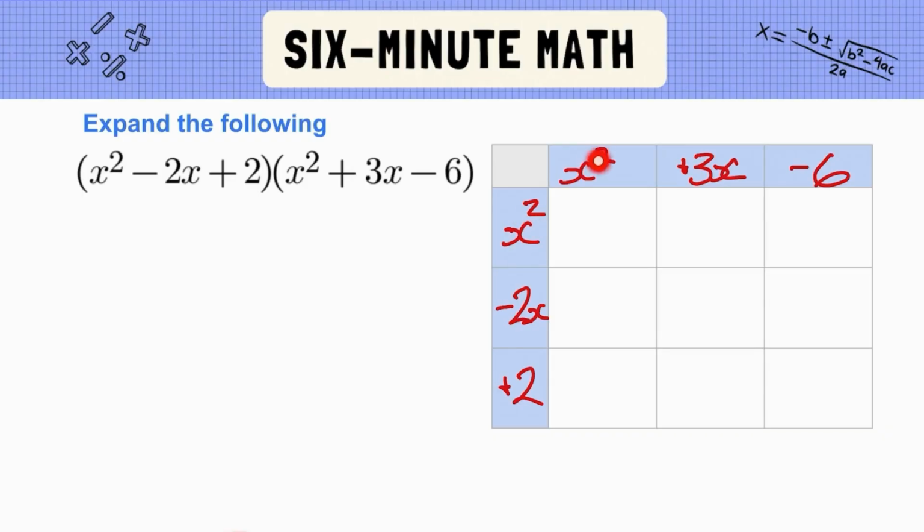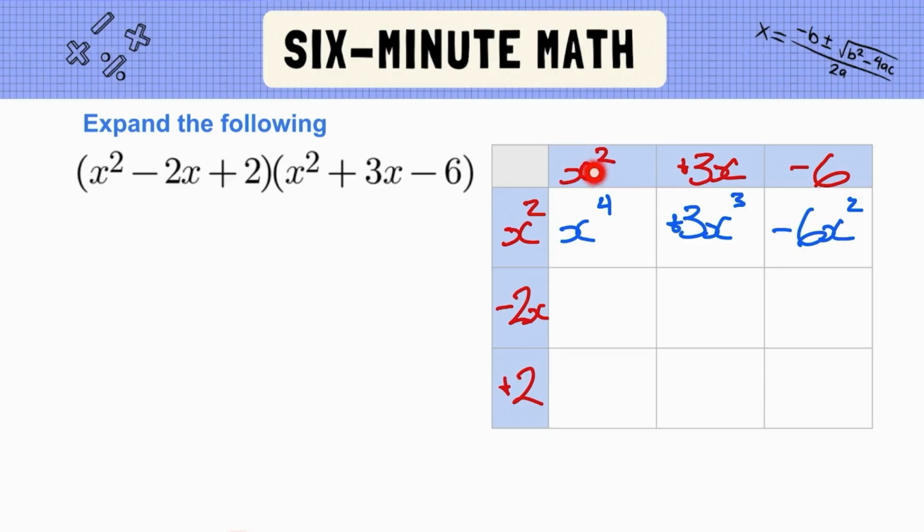X squared times x squared is x to the fourth. X squared times 3x is positive 3x cubed. And x squared times negative 6 is negative 6x squared.